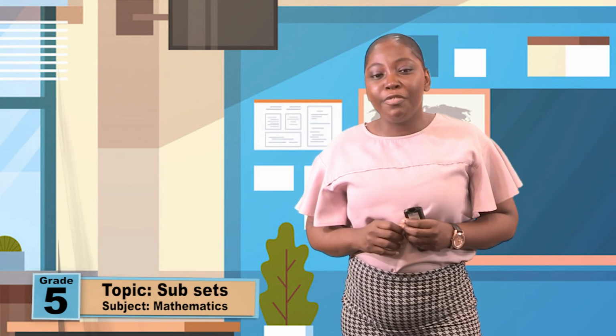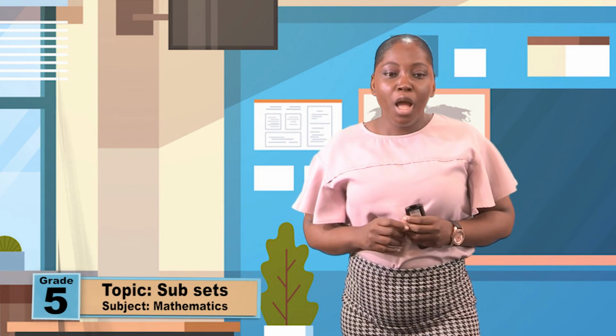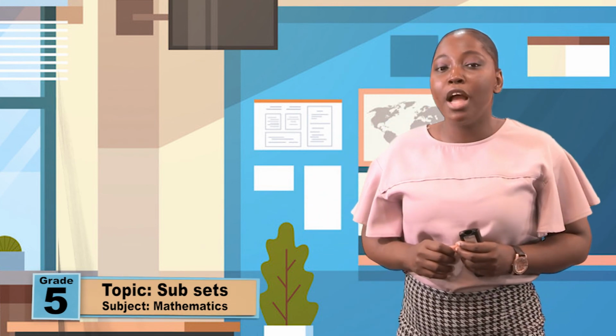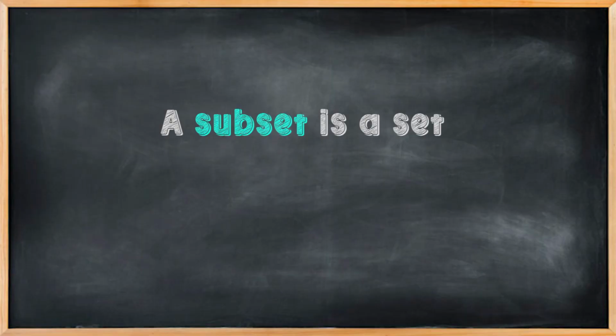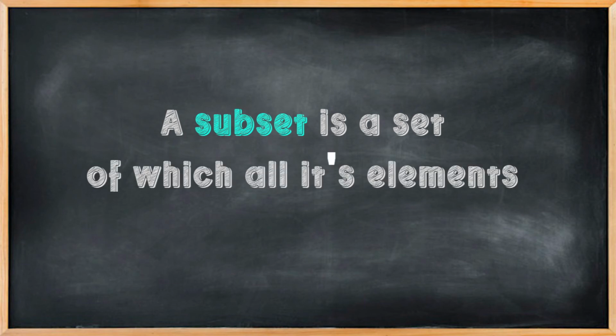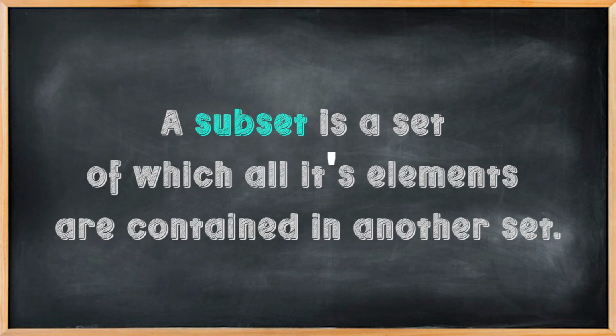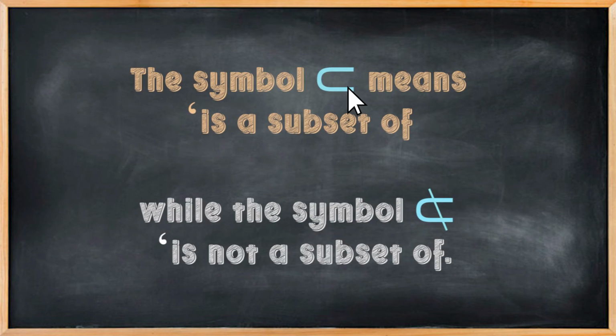Great job, boys and girls of grade 5. That is all for now. But before we go, let us recap what we have learned in this session. Remember that a subset is a set in which all its members are contained in another set. Another point to note is that this symbol means is a subset of, while this symbol means is not a subset of.